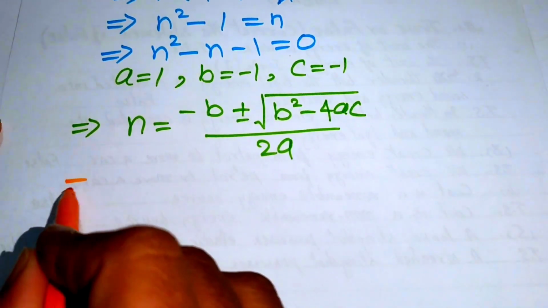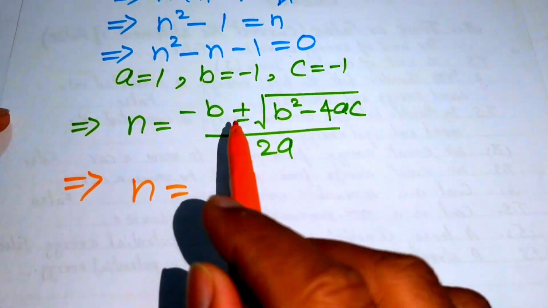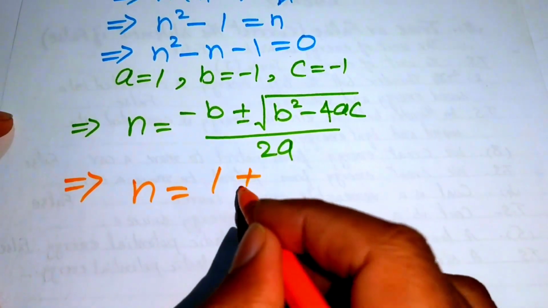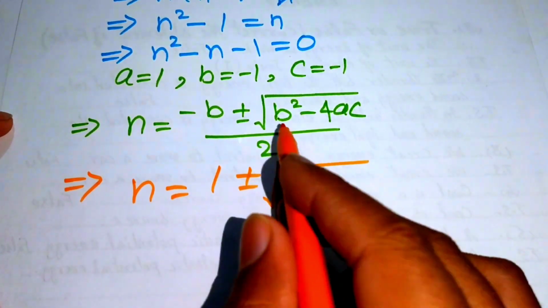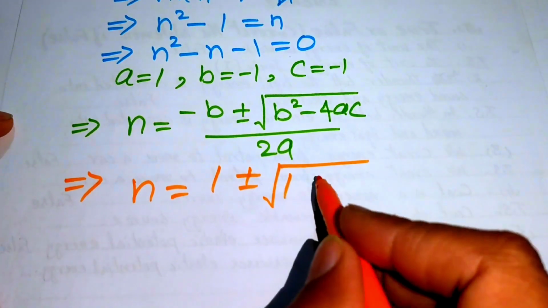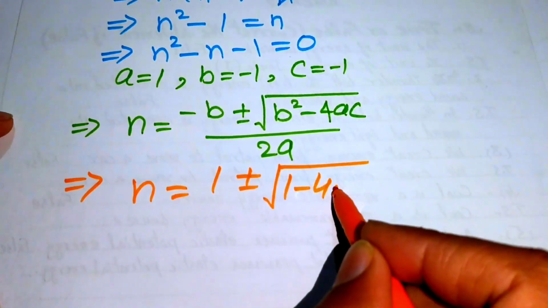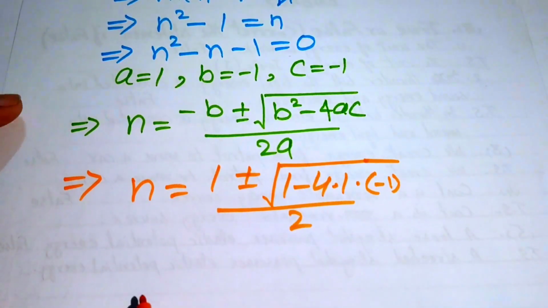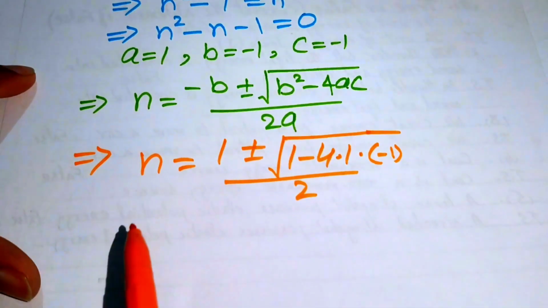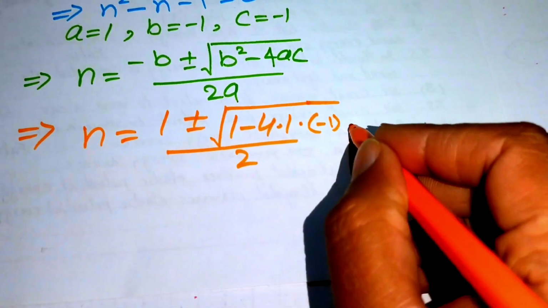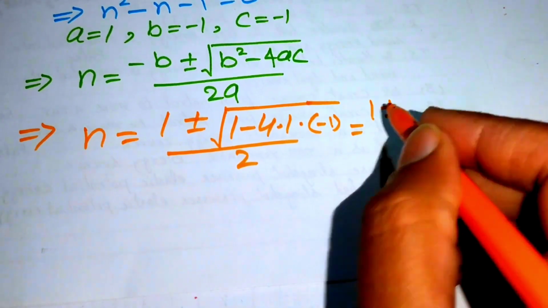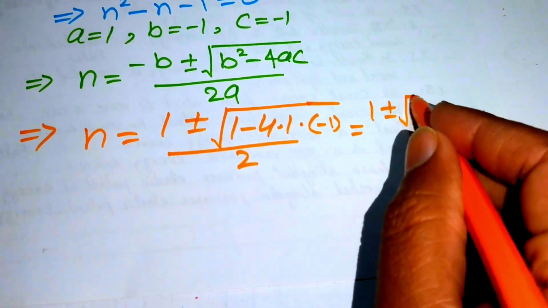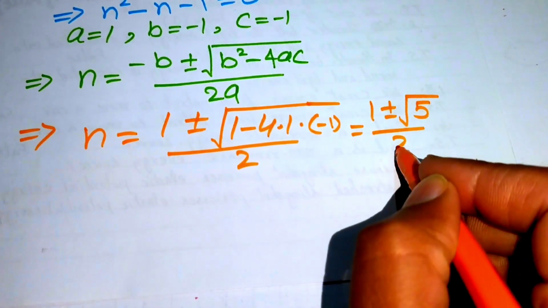The value of b is -1, so minus times minus becomes plus 1, plus or minus the square root of b², and (-1)² is plus 1, minus 4 times a, which is 1, times c, which is -1, divided by 2 times a, and our a is 1. Simplifying, we get (1 ± square root of (1 + 4)) divided by 2, which is (1 ± √5)/2.